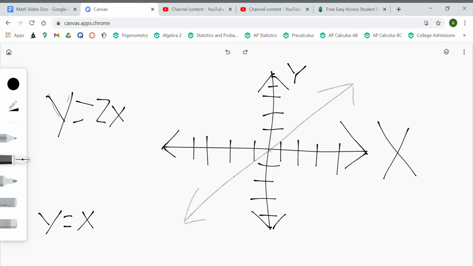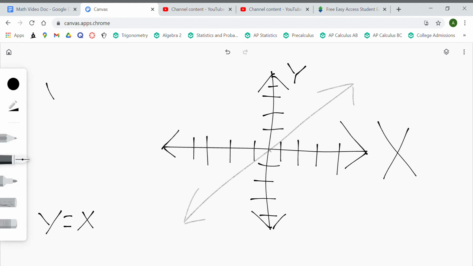Try vertical shrink, see what happens. Let's try a harder one. Let's do y equals... So, what's a vertical shrink of 1/3? Write the equation out and graph it.